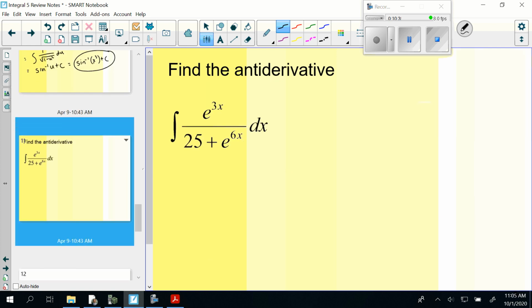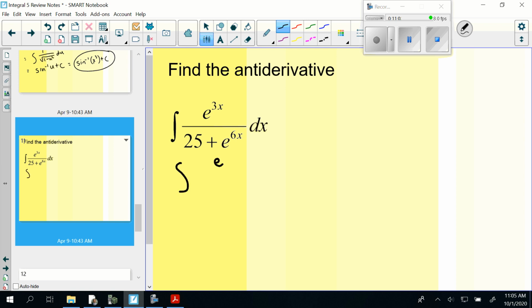Looking at another one, again, looks like one of those inverse trig ones a little bit here. You have to, again, find something that is going to be squared for this, but also now we've got this 25. All those other ones, remember, we got 1 there. So what you have to do is if you don't have a 1 in the denominator, you first have to factor that number out.